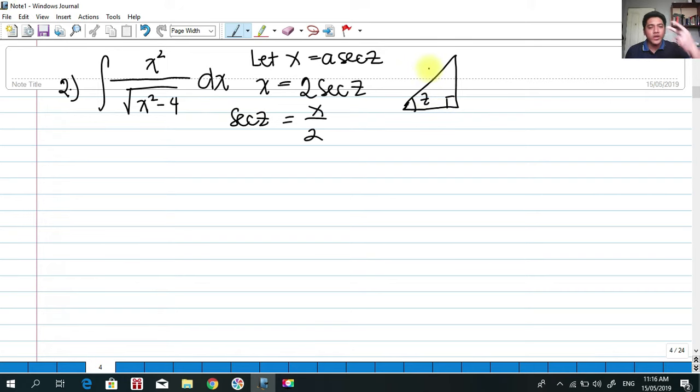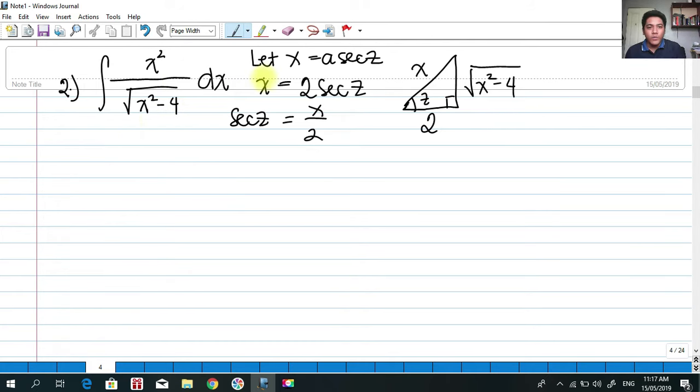So if you're going to reciprocate that, hypotenuse over adjacent. So secant will now be hypotenuse, x, over adjacent side, this is 2. And you can expect that this side, by Pythagorean theorem again, is square root of x squared minus 4, which is again our part of the integral.